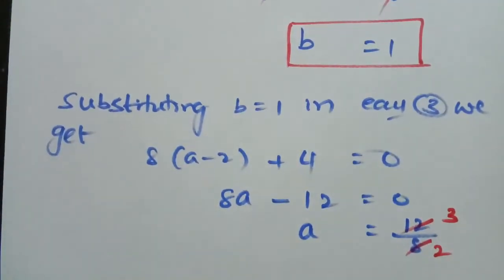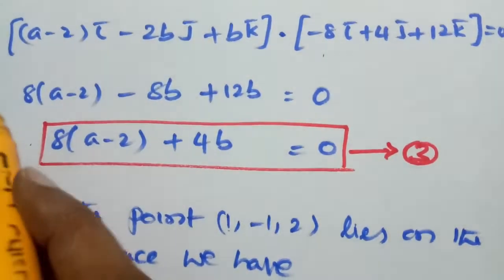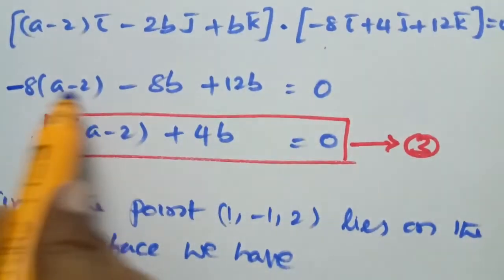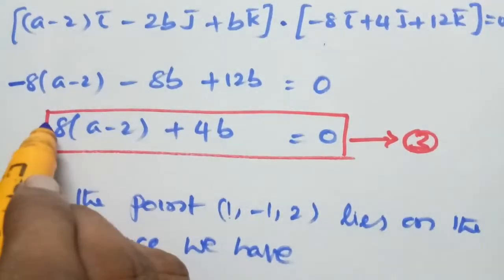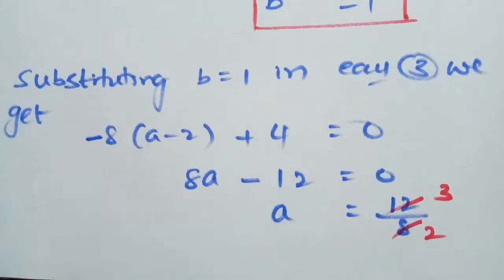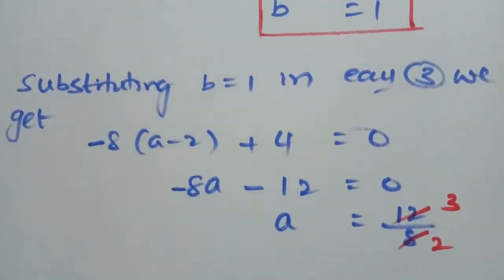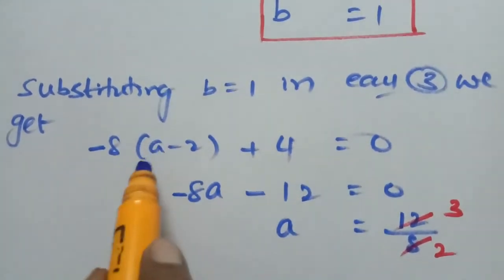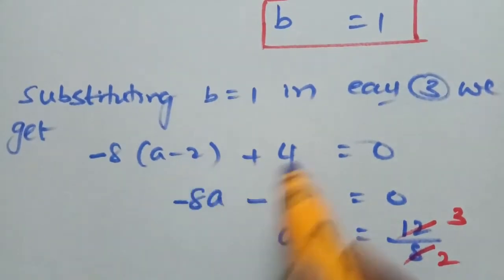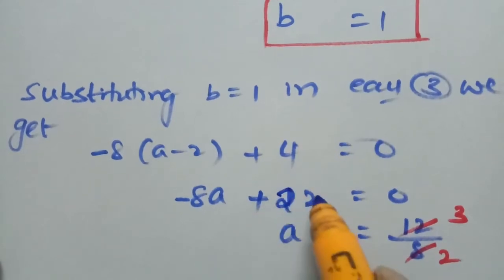We see that -2 into (a - 2) was written, that is -8. I forgot to write minus here, so please make a note. Minus 8 into (a - 2), therefore here it is -8a, minus into minus is plus 16, plus 4, that is plus 20.